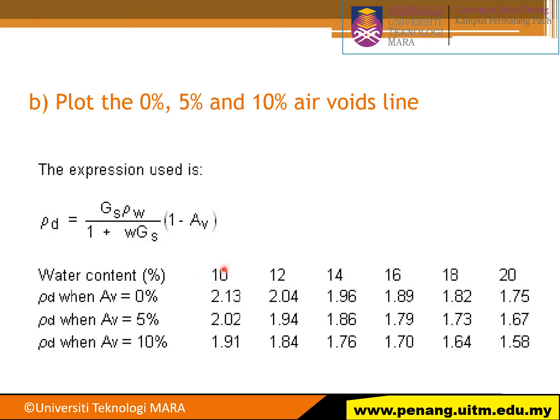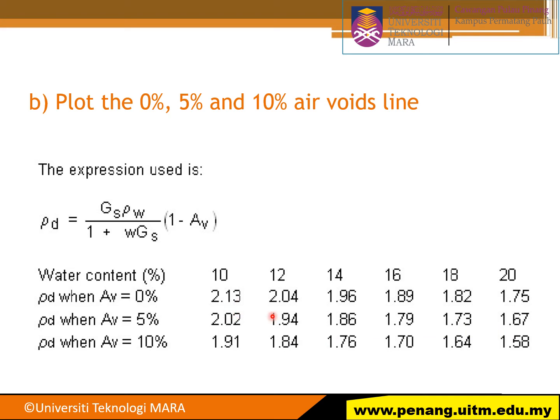For example, here the water content is 10%, so 0.1, and then you will get 2.13, 2.04, and so on. Then you repeat for the AV 5%, so you insert a value of 0.05. The other things are the same, so you get these values for the air void line.